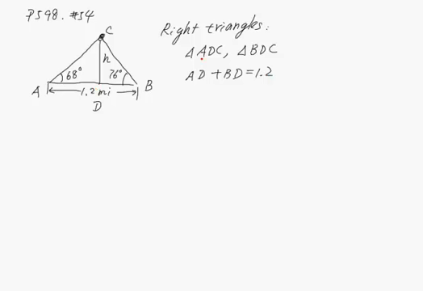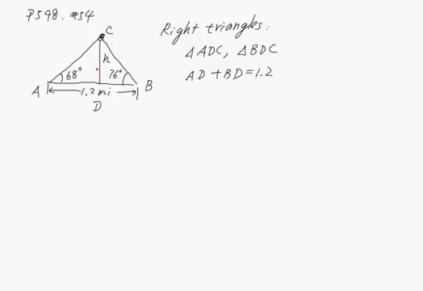In the triangle ADC, to find AD, what function should I use? If you do not like the cotangent, you may just use the tangent.